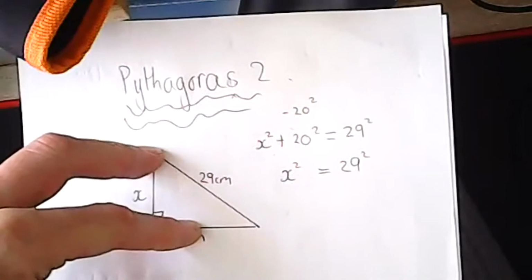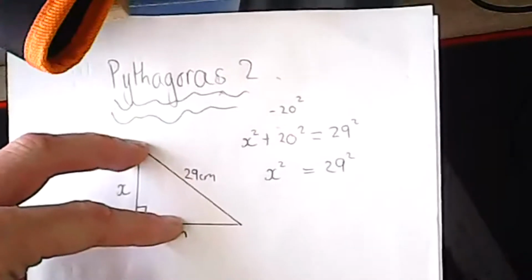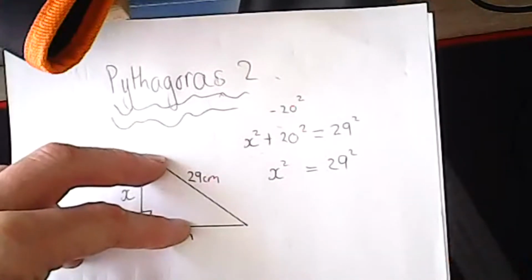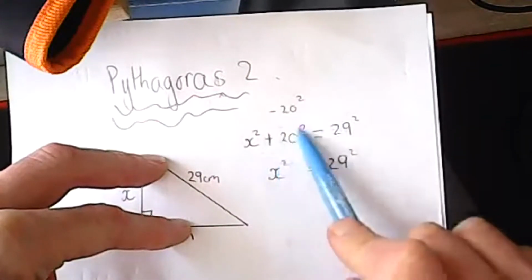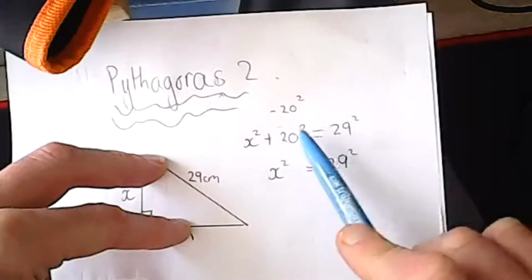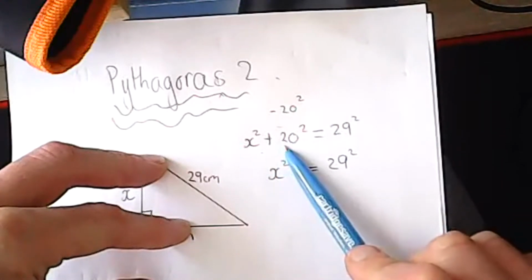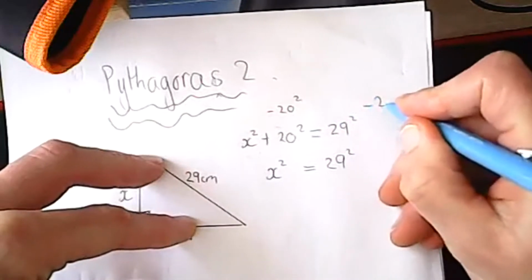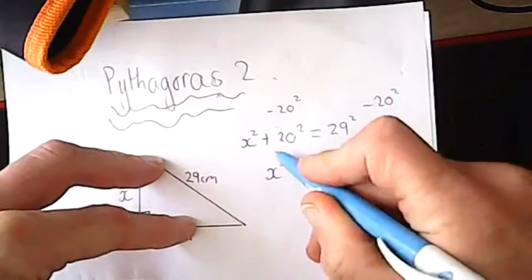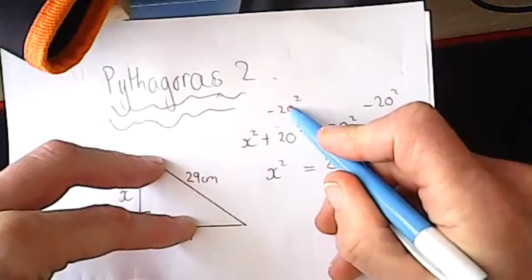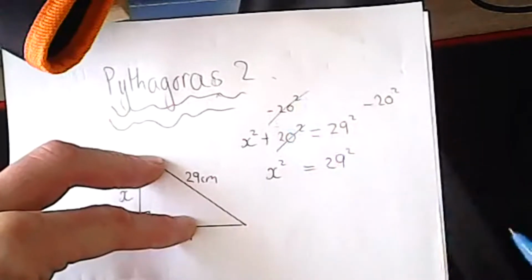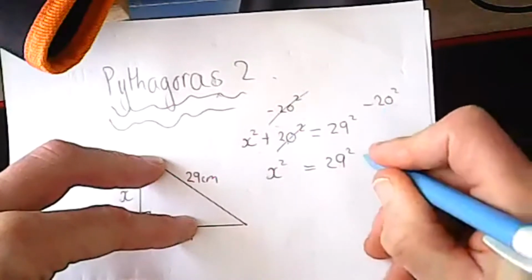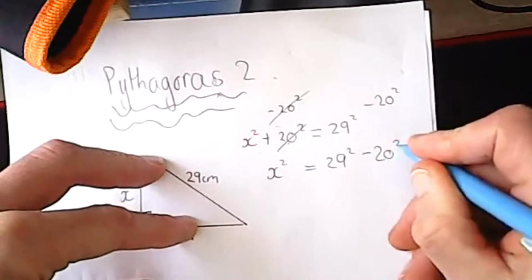But those of you watching my equations videos last week or the week before know that we've got to balance this. What we do to one side, we've got to do to the other. So if I'm taking this 20 squared away, I must do it to the other side to even things out. So 20 squared take away 20 squared cancels, and I'm left with a minus 20 squared that side.